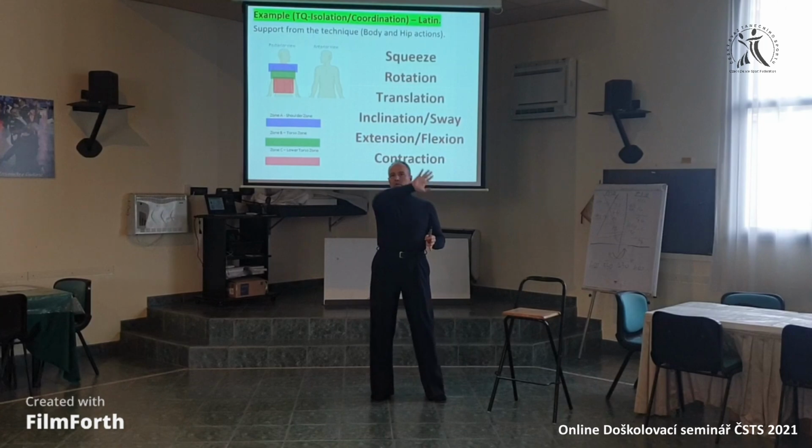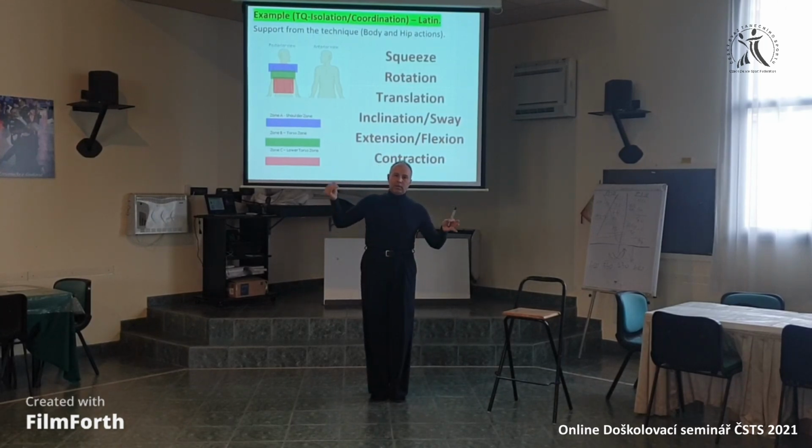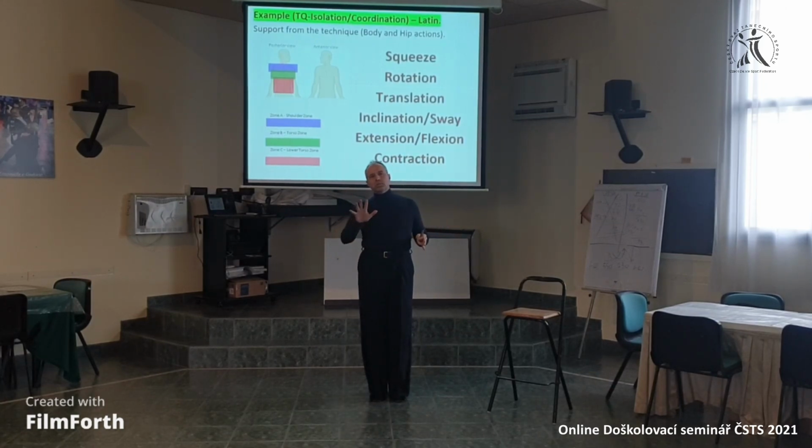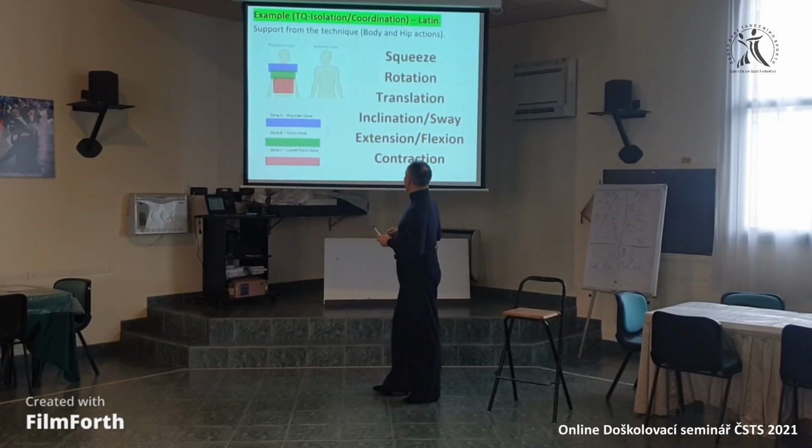Inclination on the frontal plane, you have the change that can also sometimes involve the lower part, this mostly in standard, but in Latin the top part only, so the green and the blue area in relation to the red one.